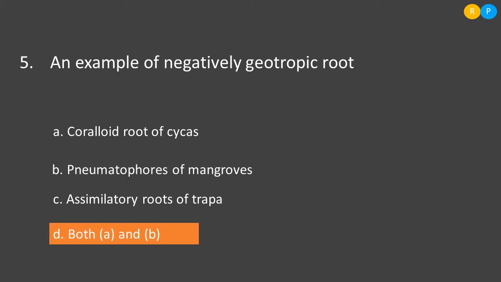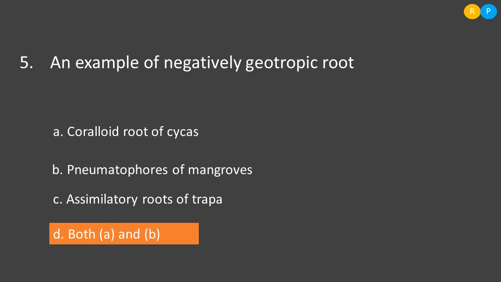For this function, the small pores present on the roots are very helpful. Those pores are called pneumatophores. Pneumatophores are the kinds of roots seen in mangrove plants. So these roots are also negatively geotropic in nature.